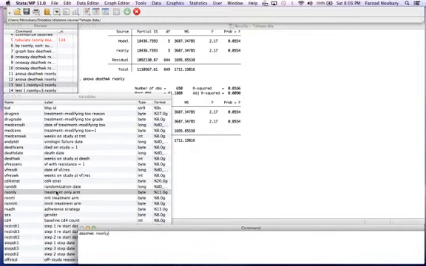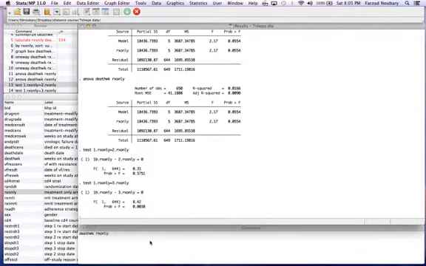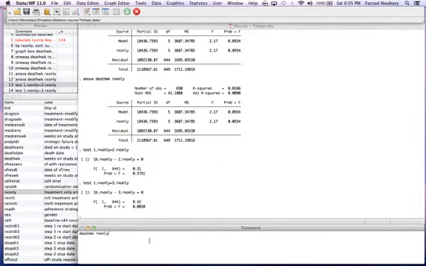Okay, and again, remember that this isn't exactly an appropriate test because this is a time to event variable, but I'm just making this exception for the purposes of illustration of ANOVA. Okay, so it's always good to start off with a bit of a summary so you know what's going on, and graphs are always helpful. So what I'm going to do here is just that, start off with a summary.